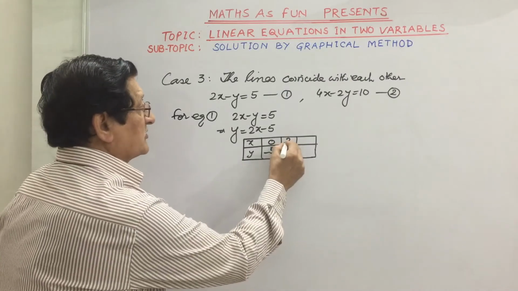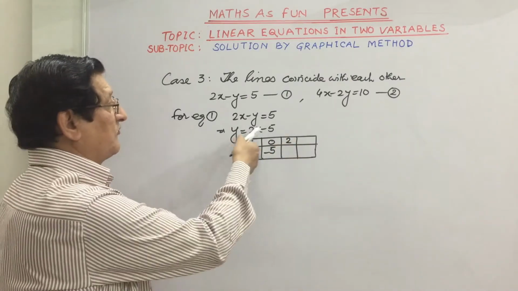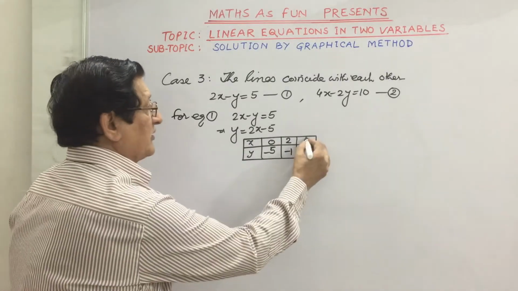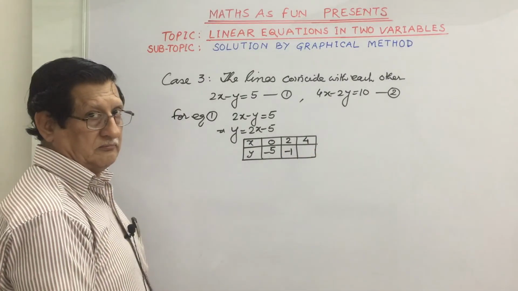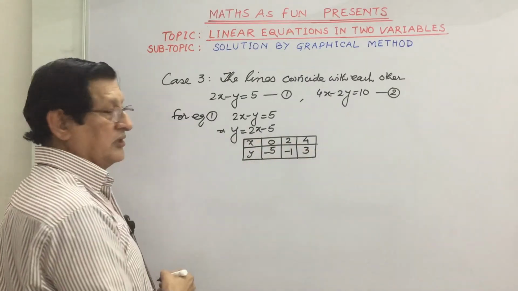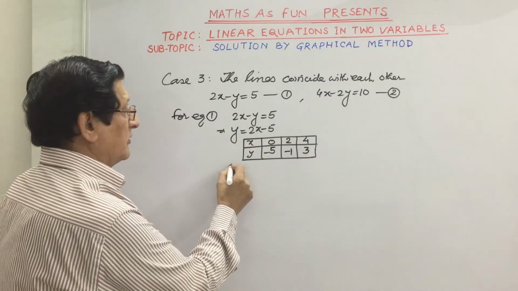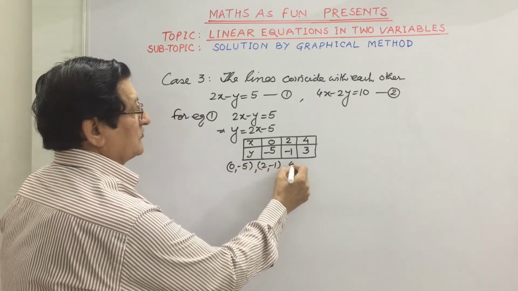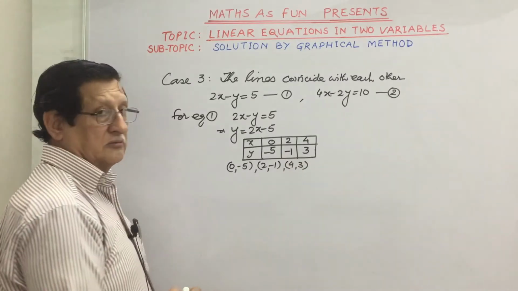If we take x as 2, 4 minus 5, this will be minus 1. Suppose we take x as 4, this will be 8 minus 5, 3. So the points are (0, -5), (2, -1) and (4, 3).